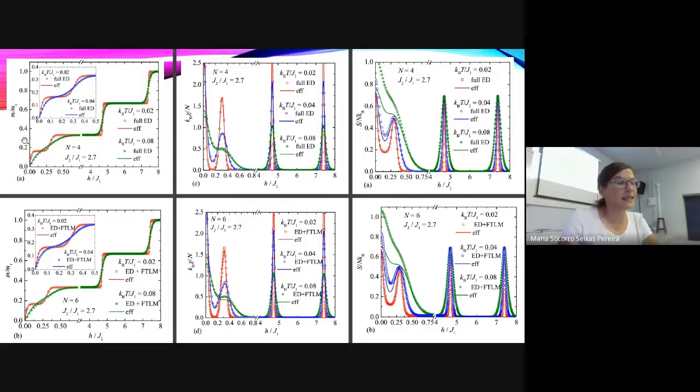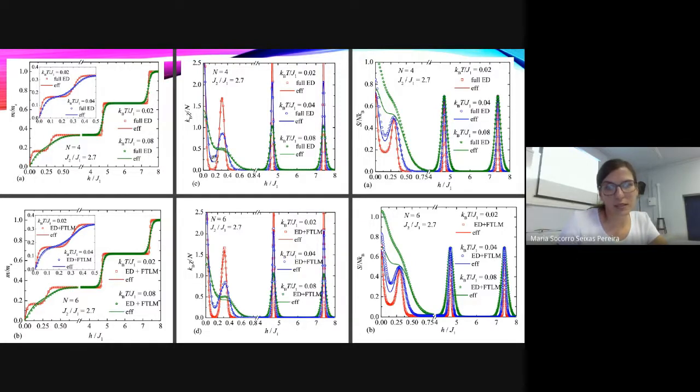Our lattice gas description was compared with the full exact diagonalization for 4 unit cells and with exact diagonalization combined with the finite temperature Lanczos method for 6 unit cells. And as you can see, the lattice gas description, which I introduced just a few minutes ago, is in perfect agreement with the full exact diagonalization.